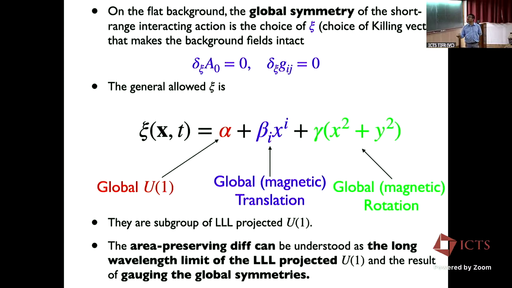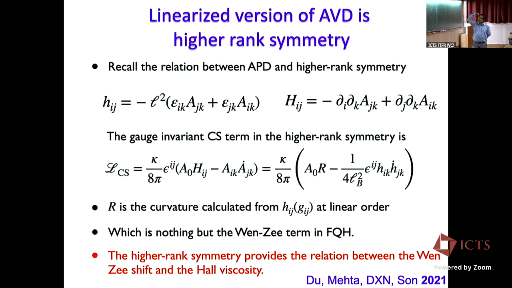So here I show you again the Chern-Simons theory, I mean the linear version of the Chern-Simons theory for the fractional quantum Hall, with the high rank symmetry. With this magnetic field, you rewrite it in terms of the perturbation of the metric, and you see the following form. This term is a full Chern-Simons term, but you can separate it into two.